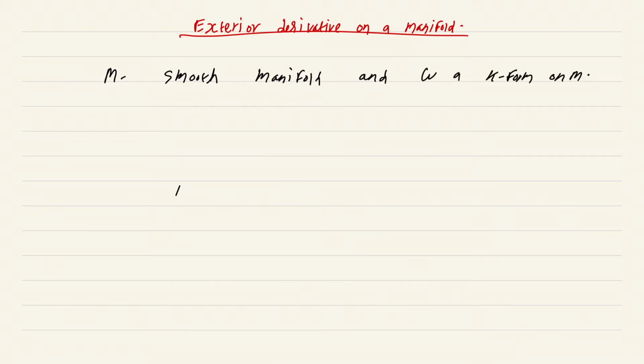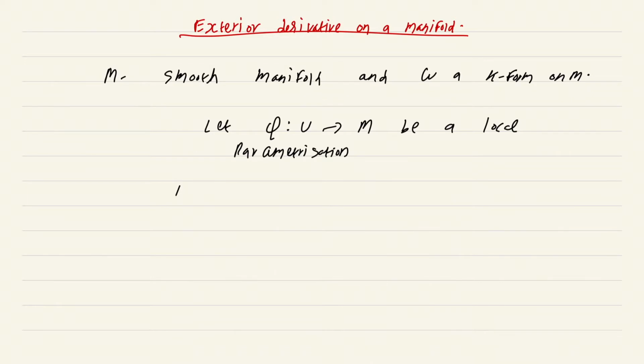So what we do is we define what this derivative is going to be on a parametrization. Let phi from U to M be a local parametrization. On the image of this parametrization, we are going to define the derivative. We already know how to do it on open sets in Euclidean space.